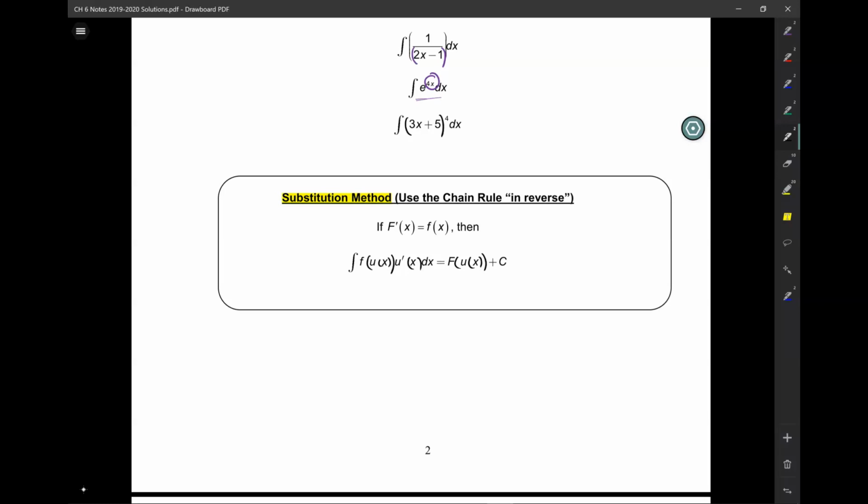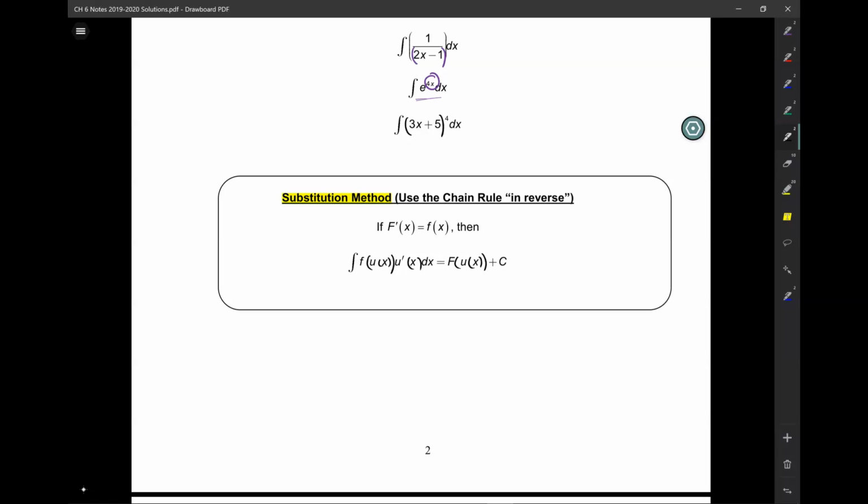Yes, that says F of u, that's fine, we get over it very quickly. What is that? That's the integral of f of u times u prime.